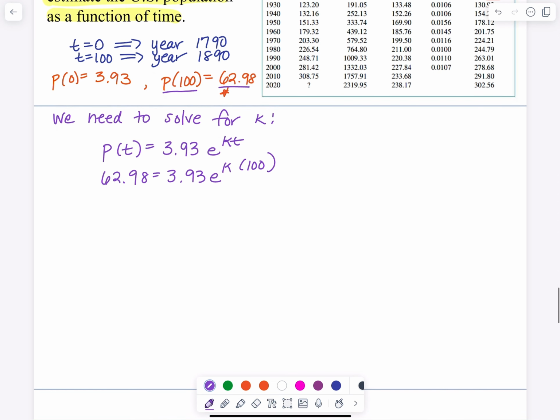To solve for k, 62.98 divided by 3.93 equals e to the 100k.